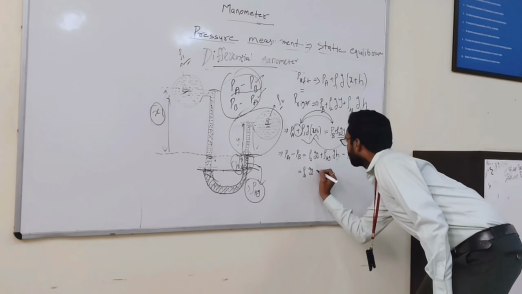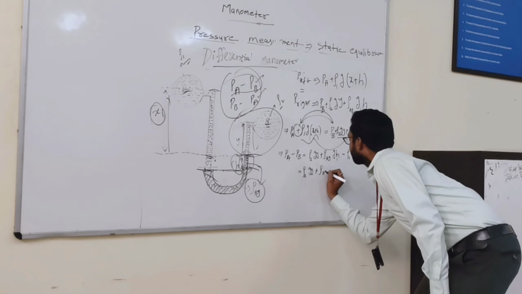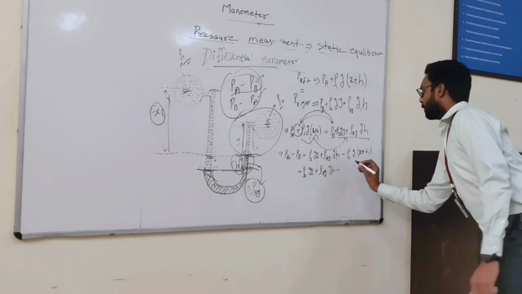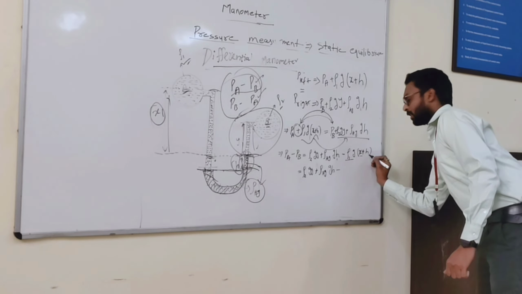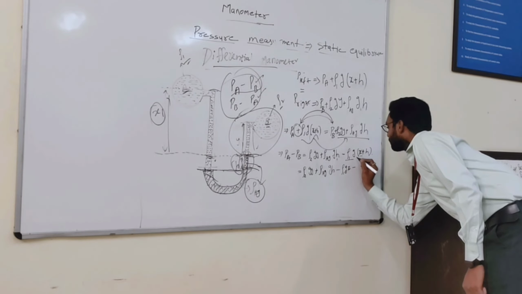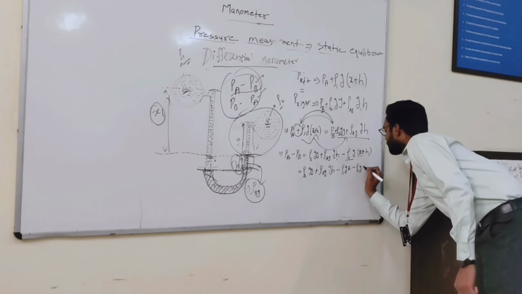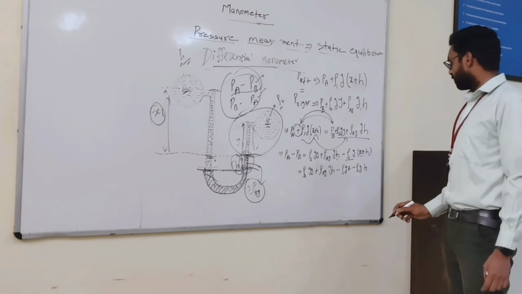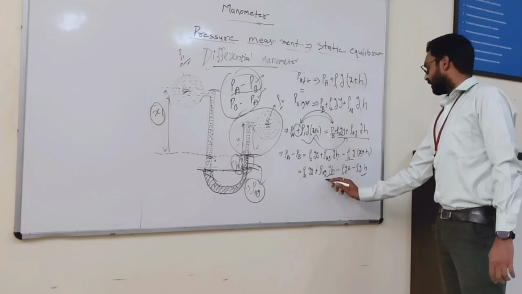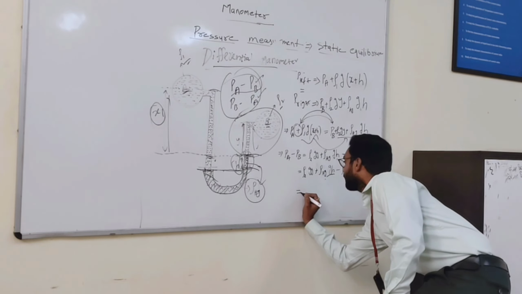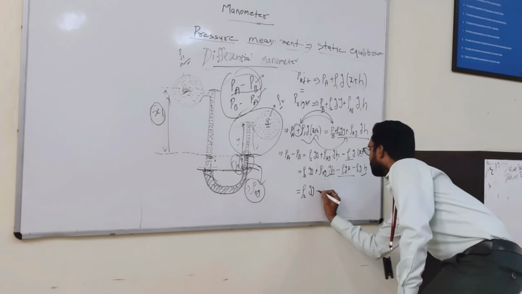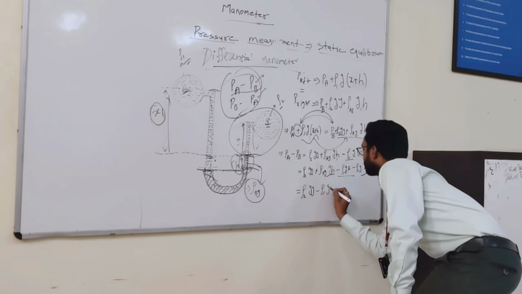Rho 2 G Y plus rho Hg G H minus, I am multiplying this term with X and H, minus rho 1 G X minus rho 1 G H. Here you can see G H and G H are common, so I will take G H common in this term. So I will get it simplified. The final equation is rho 2 G Y minus rho 1 G X.